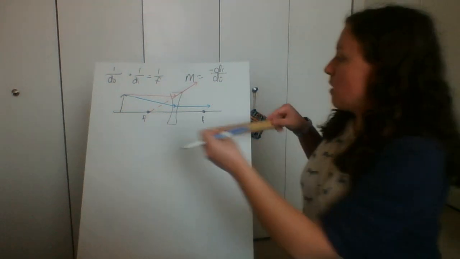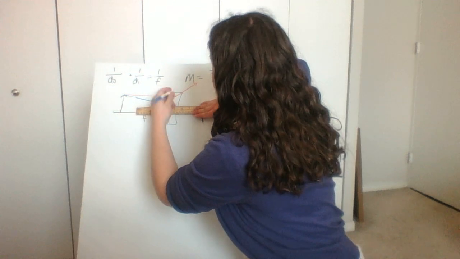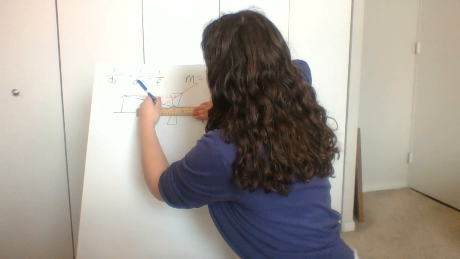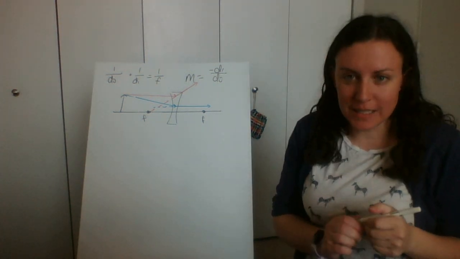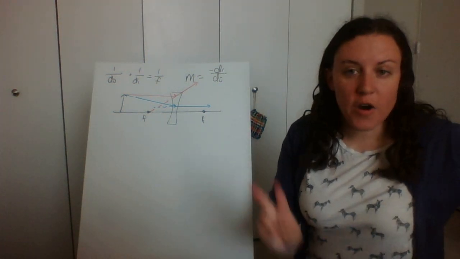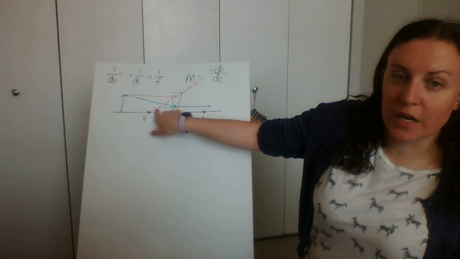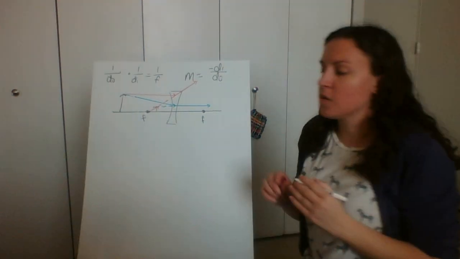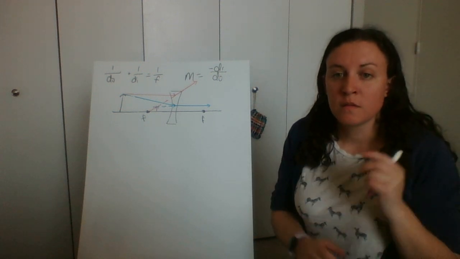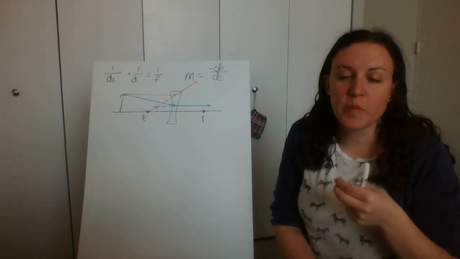We're going to take it and bring that one backwards. Now this is chaotic, I understand, but we have to look for where the dotted lines intersect. So where are our two dotted lines and where do they intersect? They intersect right here. So we get upright, smaller, and we get virtual because of those dotted lines.